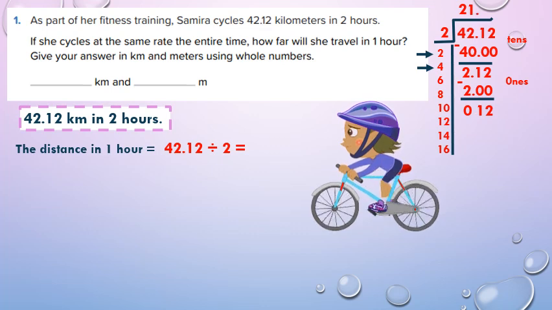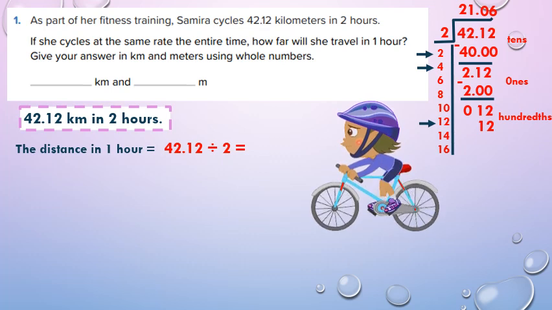We'll put up the point and start dividing the decimal part. 1200. Yes, we have here 12. 12 in hundreds, we will take 12 and divide it by 2 equals 6 in the hundred place, because we take all the 12 hundreds. 12 divided by 2 equals 6 in the hundred place.